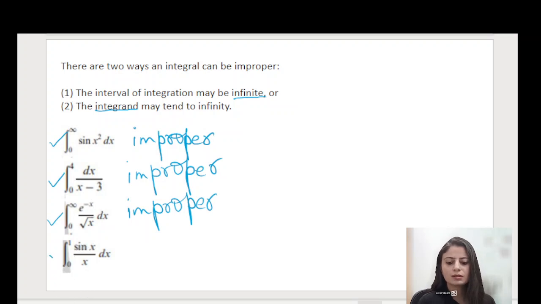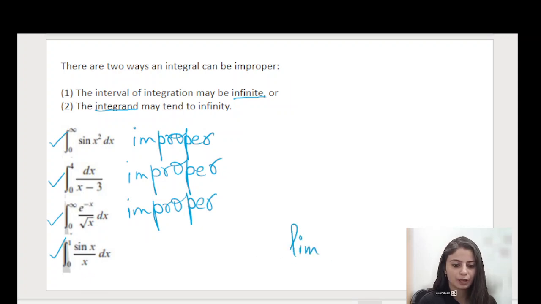Now consider this last integral. My interval of integration is 0 to 1, which is a finite interval. Now let's check for infinite discontinuity. My function is sin x by x. So let's evaluate the limit of this function at x equals 0.